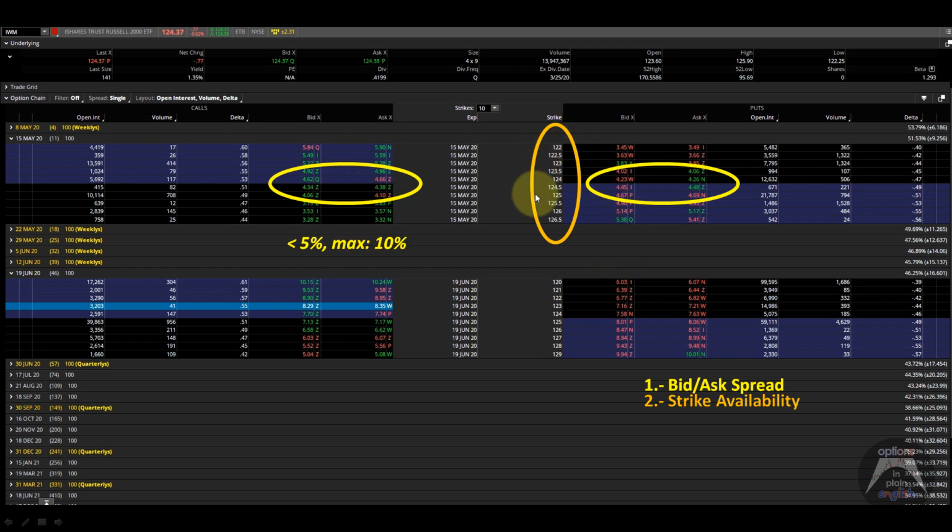So what you want to see when you start analyzing and seeing whether you should trade an underlying or an underlying's options is you want to make sure that you have enough strike prices and that they are spaced out without a lot of space between the different strikes, so that you have the flexibility to, for example, if you decide to sell the 125 call, and then you want to adjust that and move to the 126 call, then that strike is available.